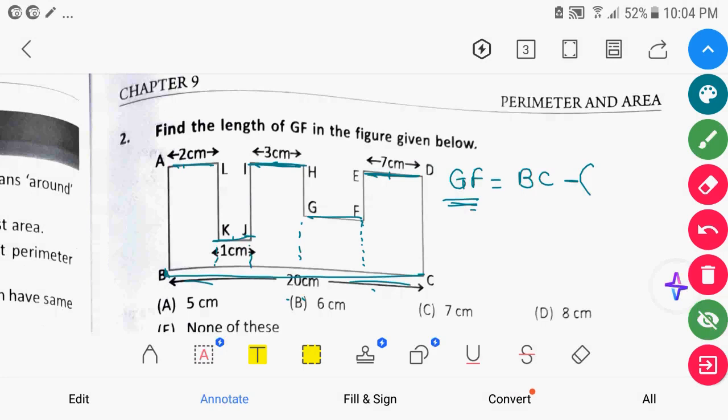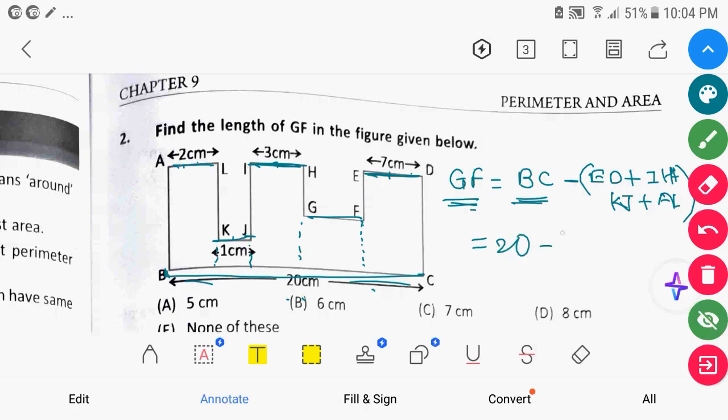Understood? So we know the length of BC and we have to add these lengths. So we'll take them in brackets. BC minus (ED plus IH plus KJ plus AL).